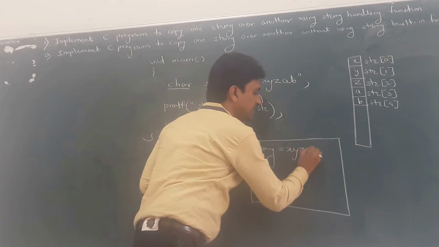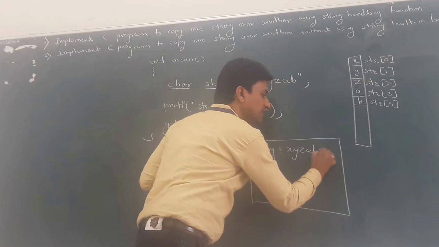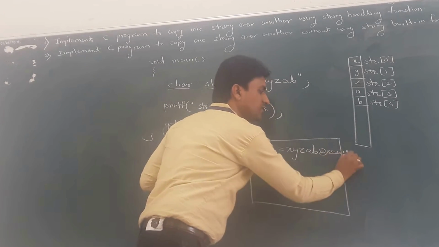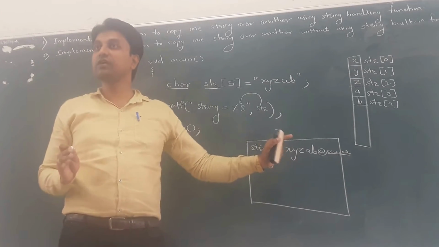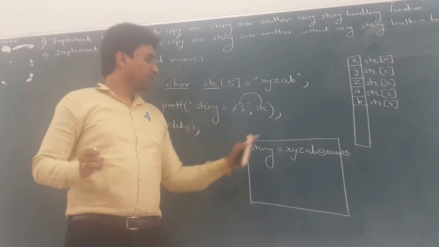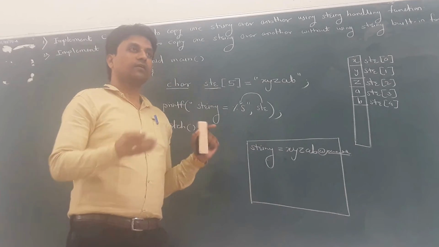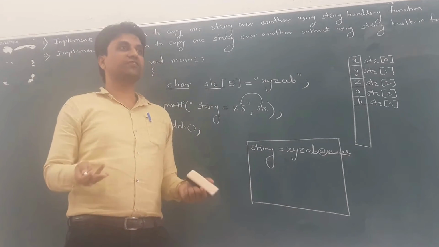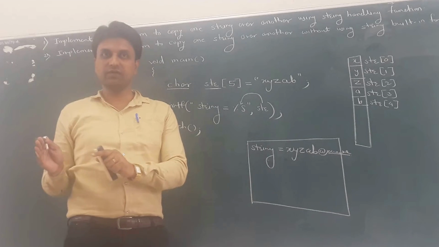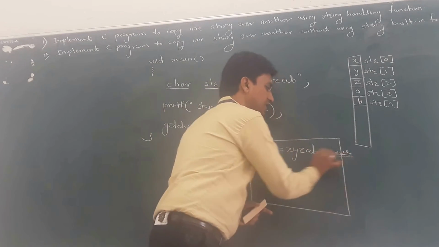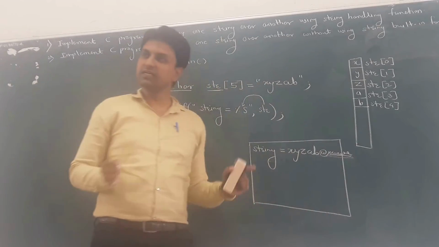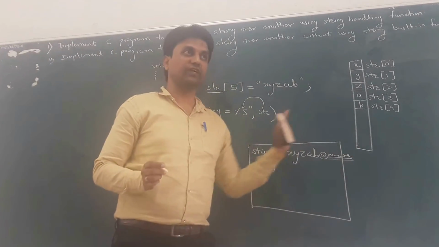It prints x, y, z, a, b, but here there are some garbage values. We can't predict them. Why are there garbage values? Because at runtime, when you print this string, the end is not specified, where to stop. So the end is not specified, that's why it prints garbage after x, y, z, a, b.